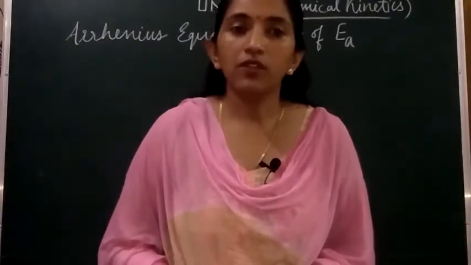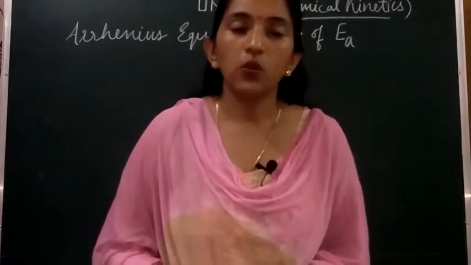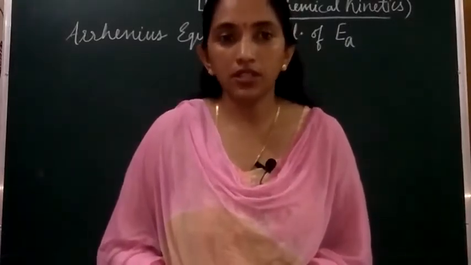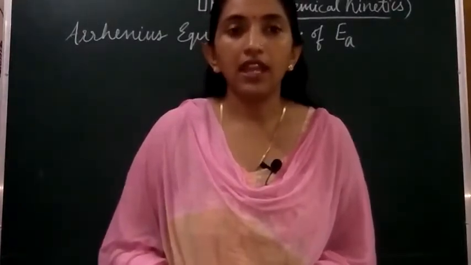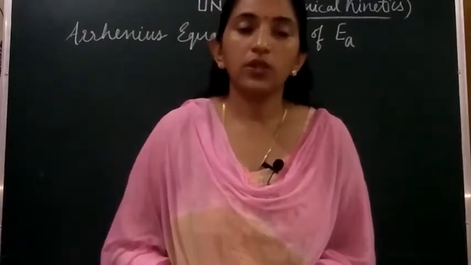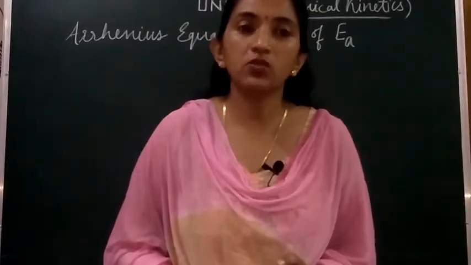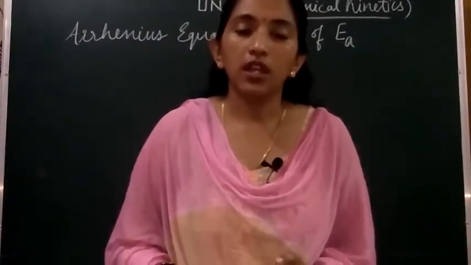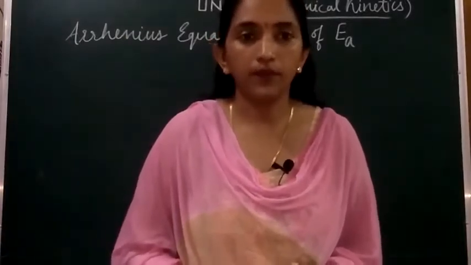Now students, today we are going to do the Arrhenius equation, which gives us the quantitative relation between the rate constant, which measures the rate of the reaction, and the activation energy, that is Ea. Now what is the activation energy? That is the extra energy which is to be supplied so that the reactant molecules achieve the threshold energy and the products get formed.